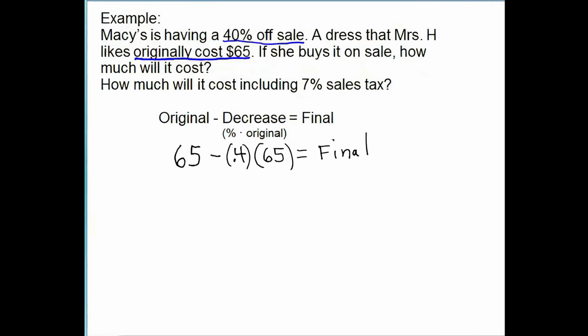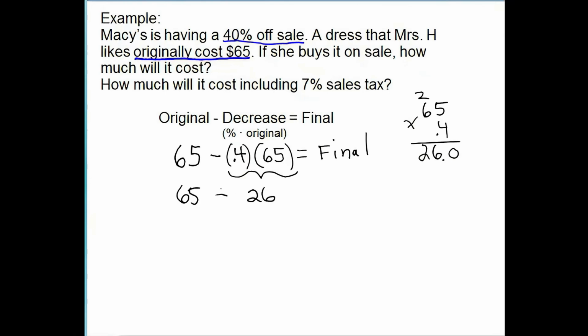So again, we have to follow order of operations. We will do our multiplication before we subtract. So we're going to do 65 times 0.4. And our decimal needs to go in one place. So it's discounted $26.